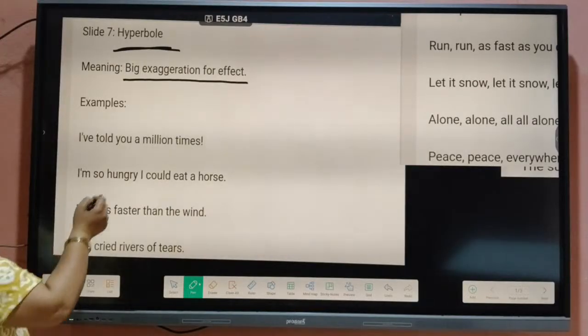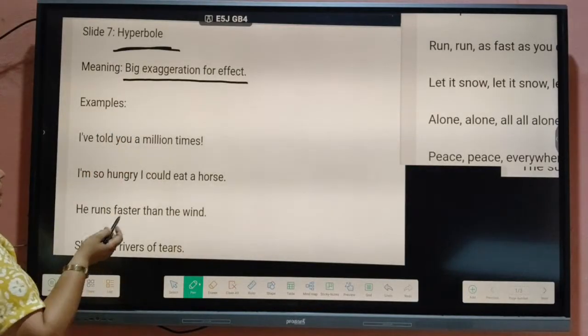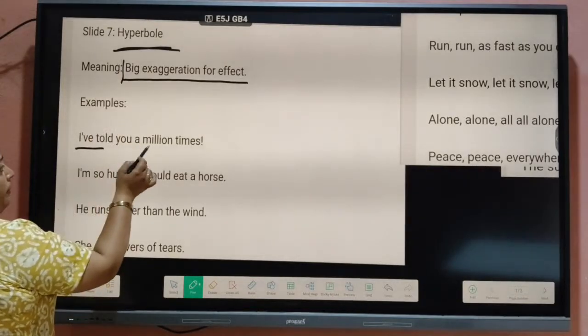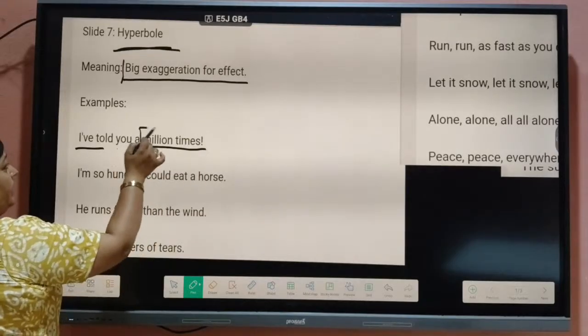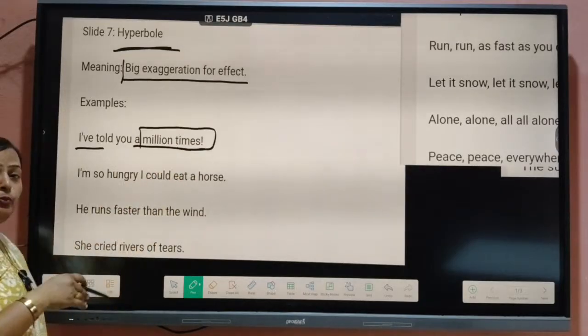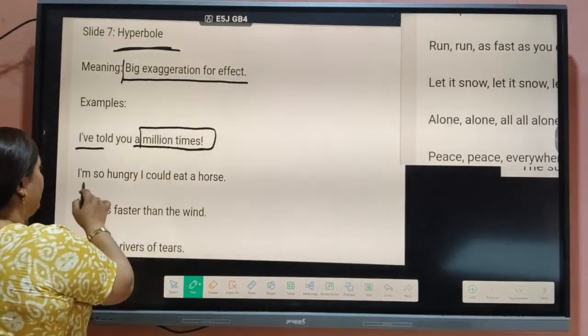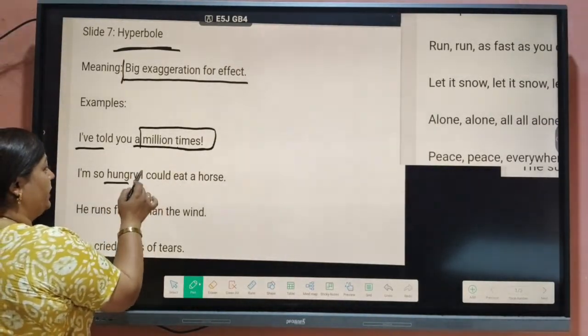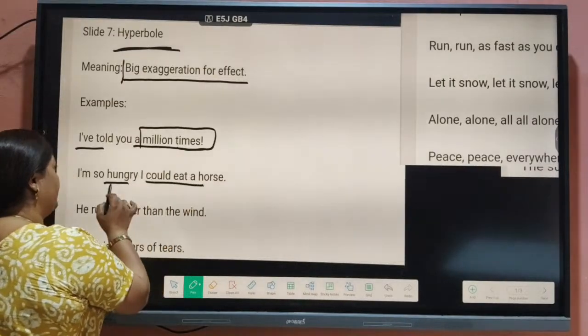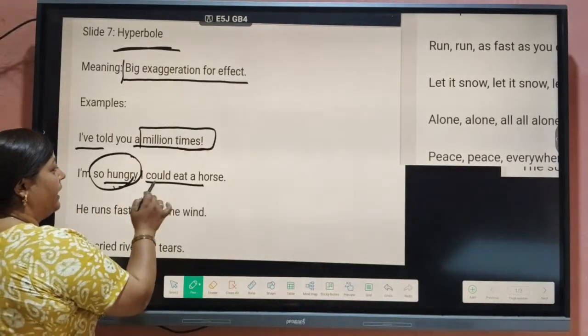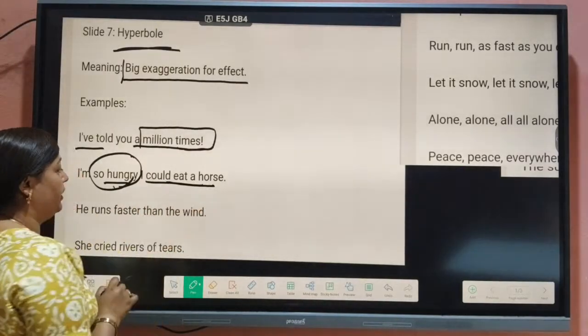Here the poet uses exaggeration. He says things by exaggerating everything. I have told you a million times. He is saying that he has told one thing a million times. It means he is exaggerating. I'm so hungry I could eat a horse. He is exaggerating his hunger and he is saying that he could eat a horse.